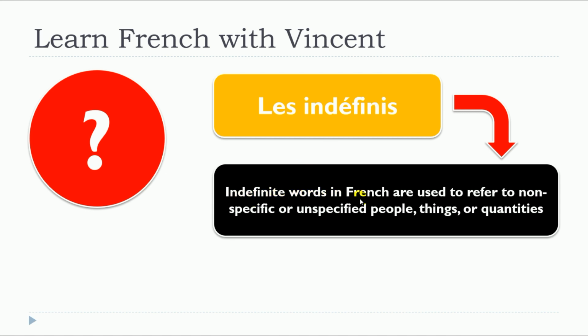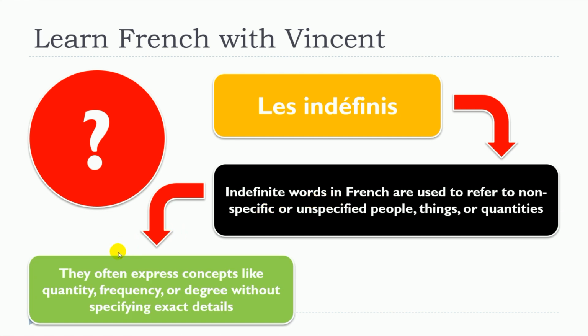Indefinite words in French are used to refer to non-specific or unspecified people, things, or quantities. So this is the first point. Second point that is extremely important: they often express concepts like quantity, frequency, or degree without specifying exact details.